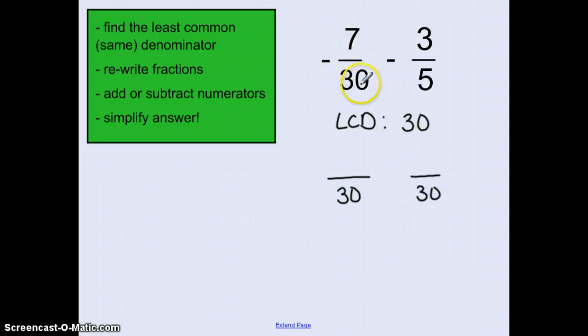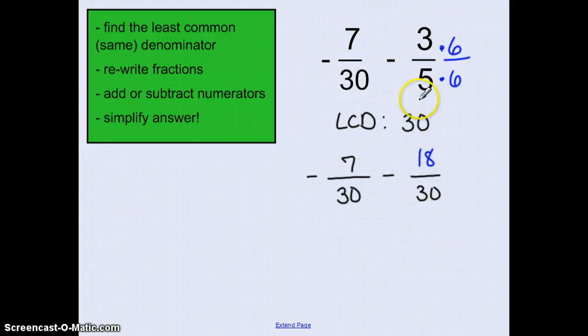For the first fraction, since the denominator is already 30, we don't need to change it at all. So this is just going to stay negative 7/30. We've got this minus sign. And in order to go from 5 to 30, we need to multiply by 6. So we're multiplying this fraction by 6 over 6. When I multiply the numerators, 3 times 6 is 18.